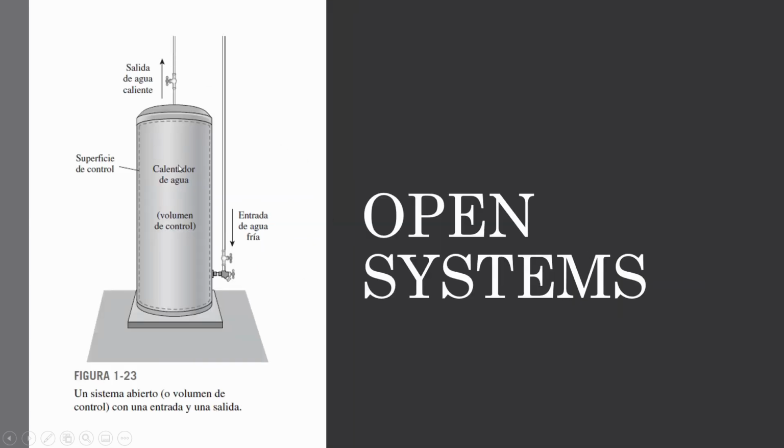However, open systems have inputs, something can enter the system, and basically we can control the quantity of the thing that we are getting into the system. In this case, we have water coming into the tank and water going out of the tank. So this is an open system because we can modify the inputs.